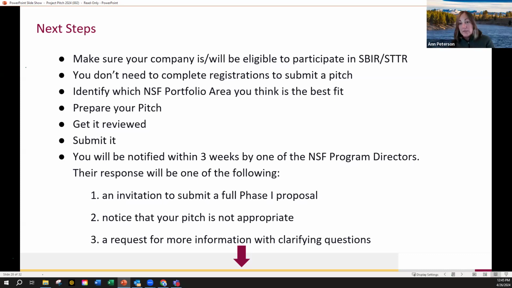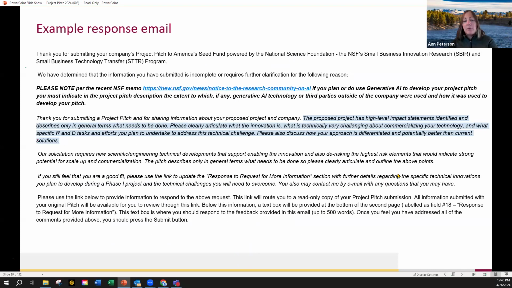The other option is they give you back some feedback. They have some clarifying questions. That's the maybe, but we don't know. Can you answer some more things? And they'll give you an opportunity, 500 more words, to clarify some things. Here's an example. We won't read through it, but they're going to have a very boilerplate response. But the program directors do read all of these individually.